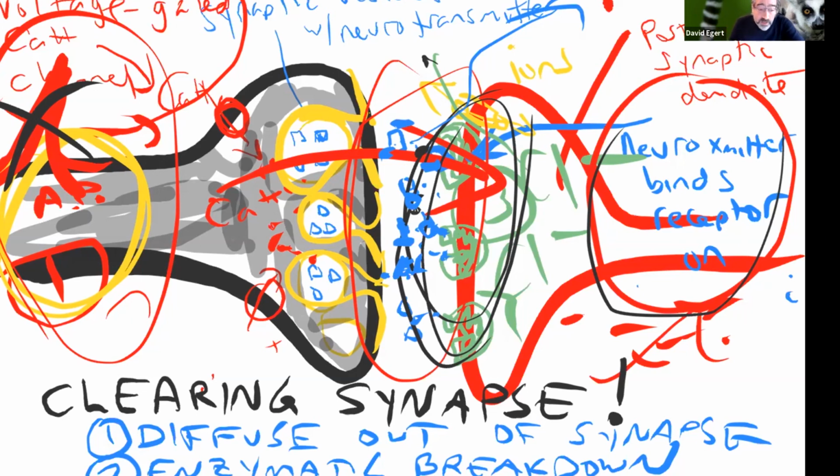And then there's one other important way to clear the synapse. Both diffusion and breakdown are wasteful. You make the stuff and it's either gone or you broke it down. But if you want to go green in the synapse, reduce, reuse, recycle: reuptake.